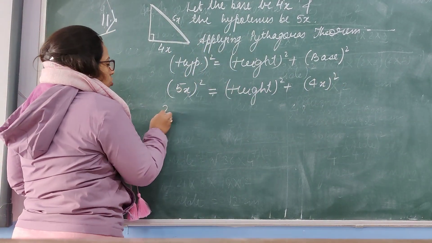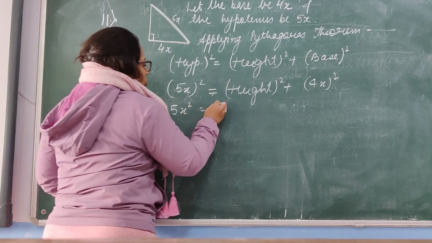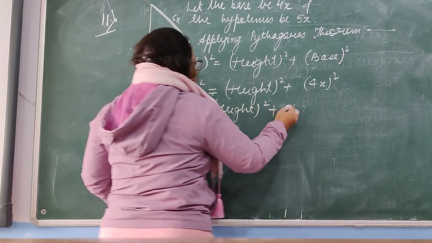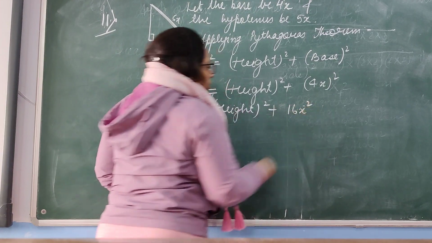Now 5x square will be 25x square. This is equal to height square plus this is 16x square, isn't it?